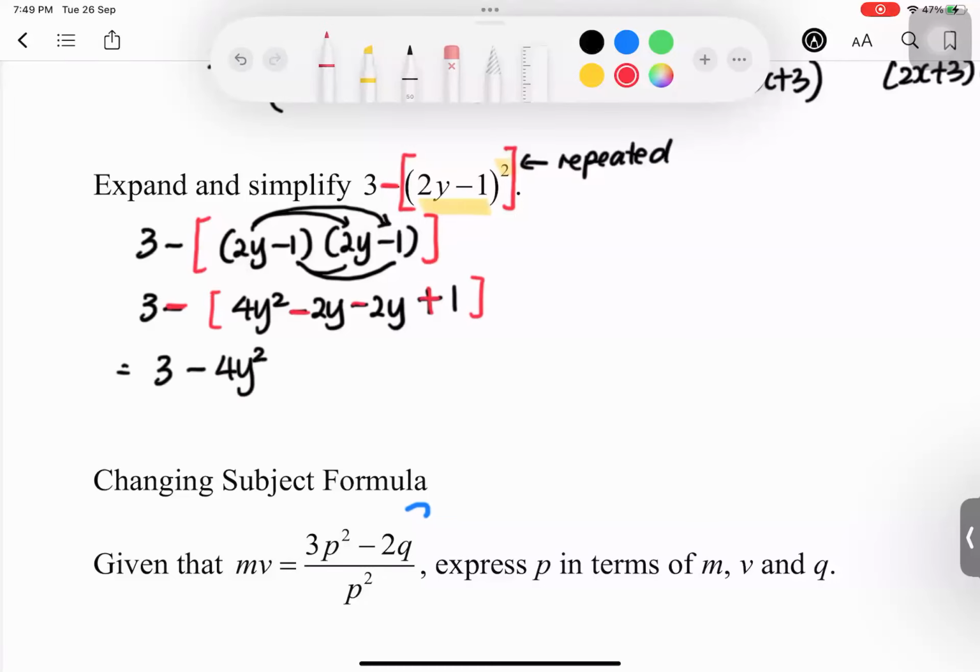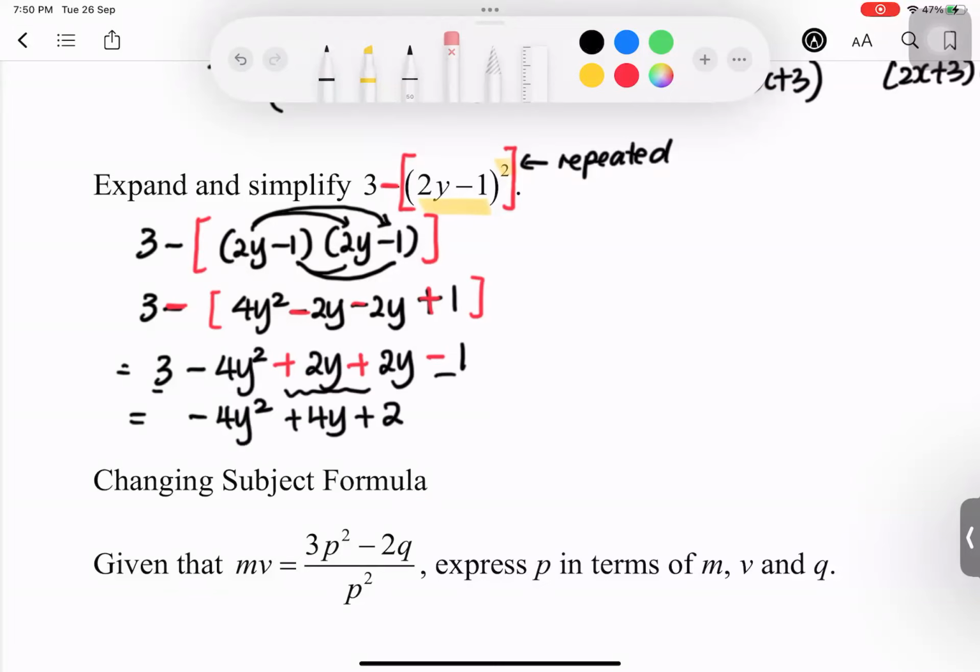This one will become plus 2y plus 2y minus 1. This kind of question, teacher's favorite. Check test whether you got change sign or not. So please check. Then now we combine and simplify: 4y squared, plus 4y, 3 minus 1 plus 2.